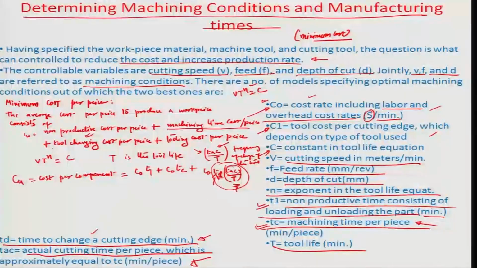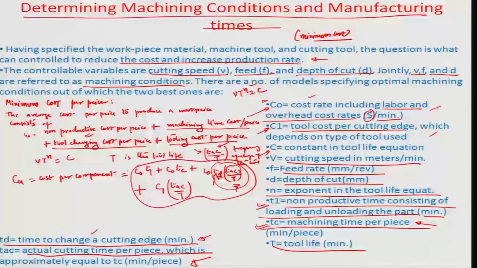So, this is the total changing cost per piece, and then we have a tooling cost per piece, which is actually equal to again the tool cost per cutting edge, and you are actually including around n cutting edges for the cutting process given by TAC by T, the frequency, and this times C1 basically gives you the total amount of tooling cost per piece. And so, this summation of all these terms together gives you what you call the cost per component.